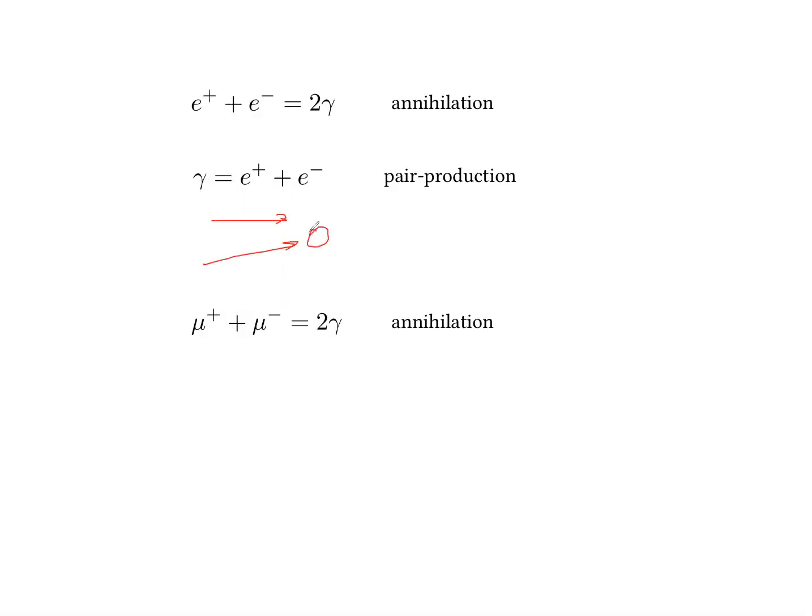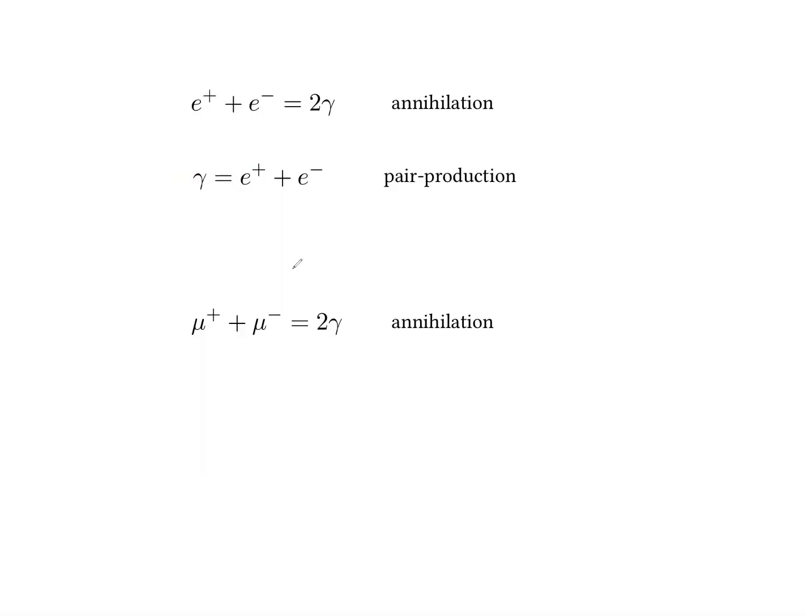If there is a nucleus nearby or an atom, then it gives some amount of angular momentum to this atom, so that the angular momentum will be conserved. So this reaction happens, but in the presence of a nucleus or atom.